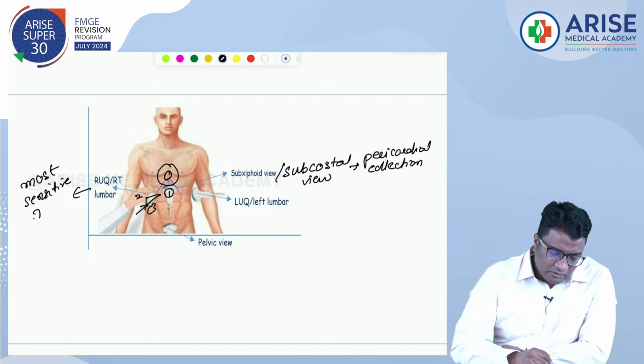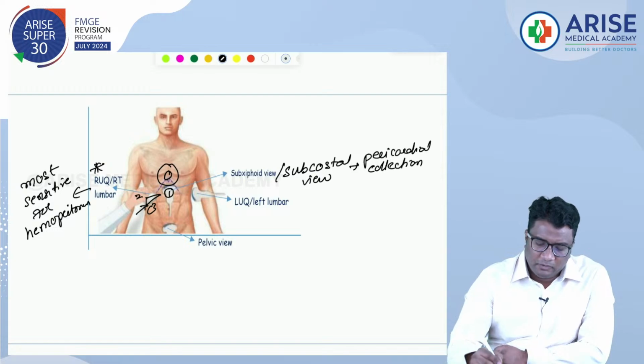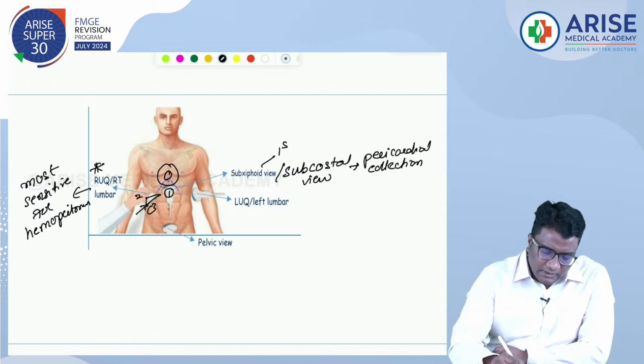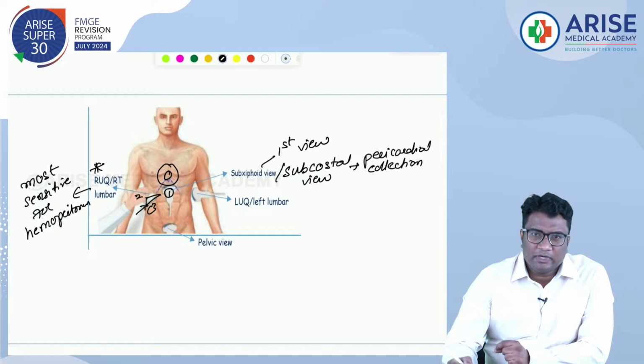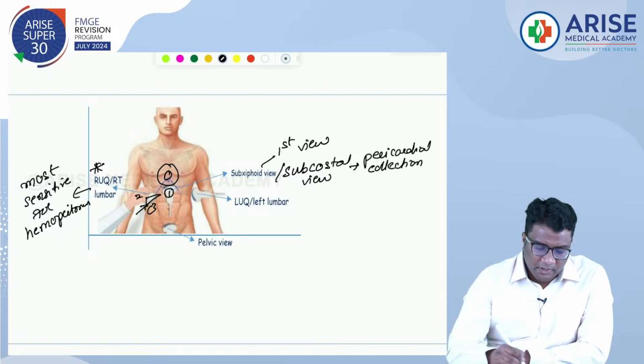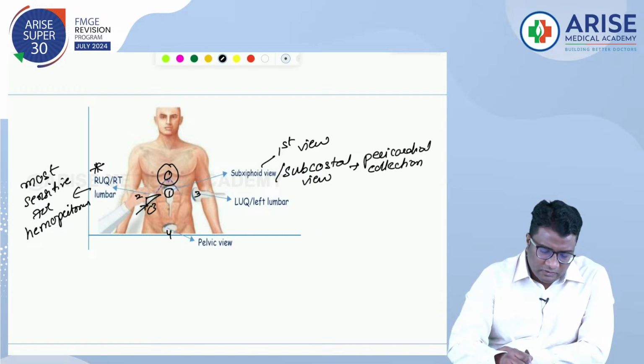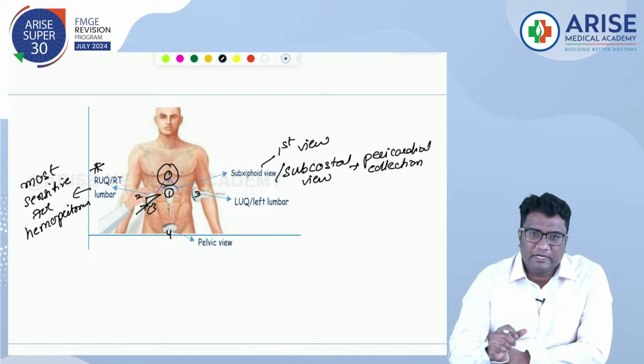So the most sensitive for hemoperitoneum is the right upper quadrant or the right lumbar view. Remember, the first view is different, most sensitive view is different. The first view done during FAST or EFAST is your subxiphoid view, whereas the most sensitive for hemoperitoneum is the right lumbar view. We also have the left lumbar and also the pelvic view. These are the 4 views that we take in FAST.